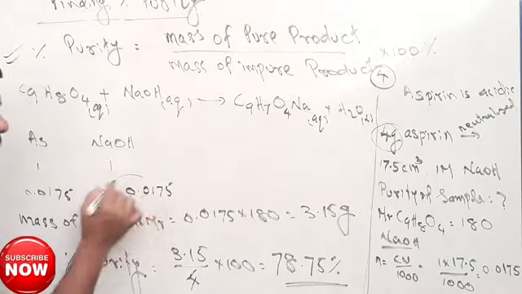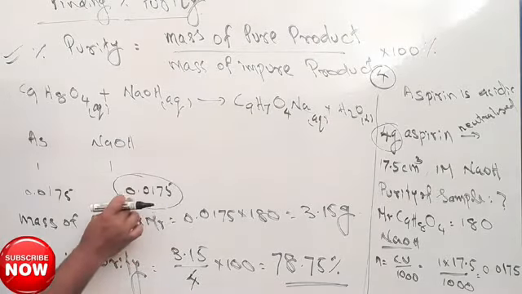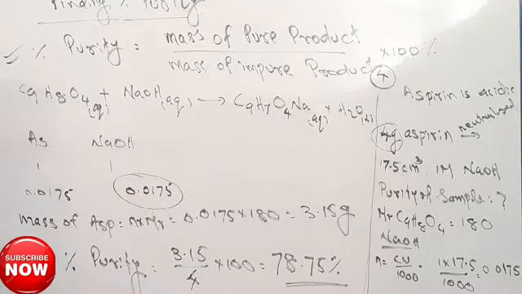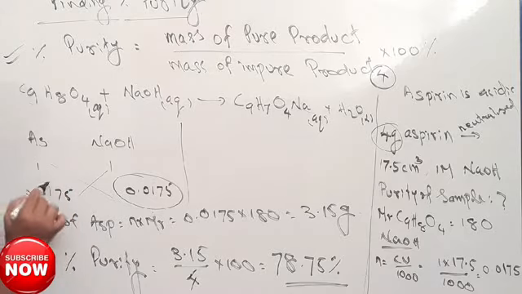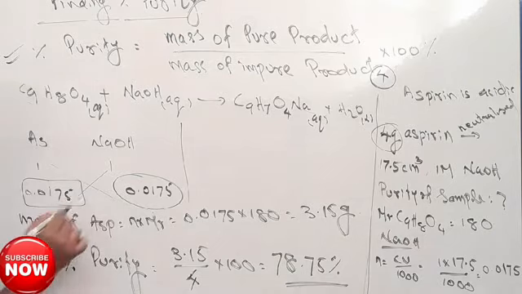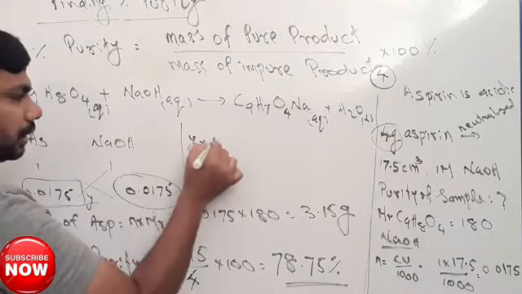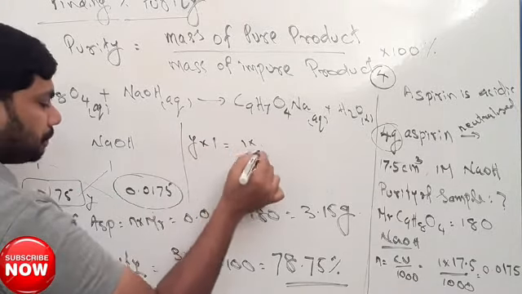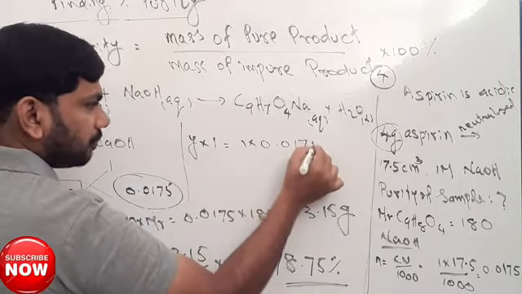Look here, aspirin and sodium hydroxide mole ratio is 1:1. We calculated the number of moles of sodium hydroxide, 0.0175. When you cross multiply, you can find the number of moles of aspirin. This is the unknown value, y. y times 1 equals 1 times 0.0175.